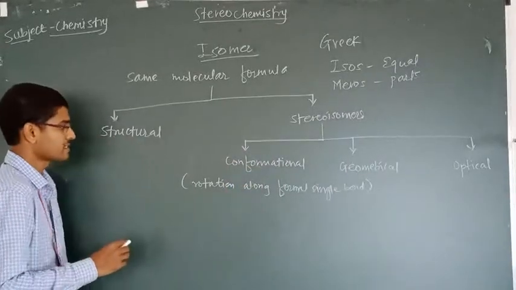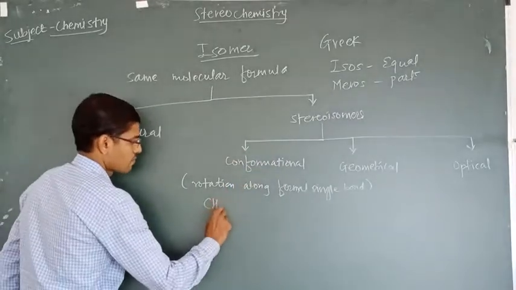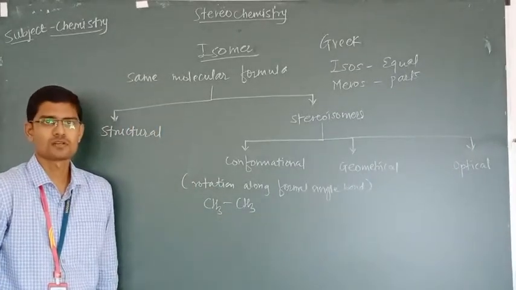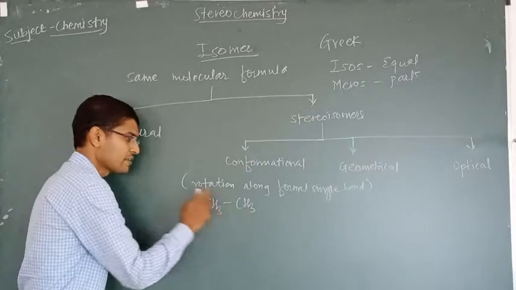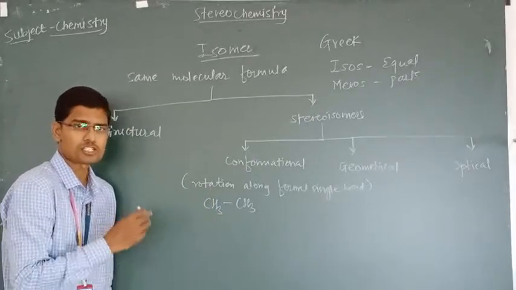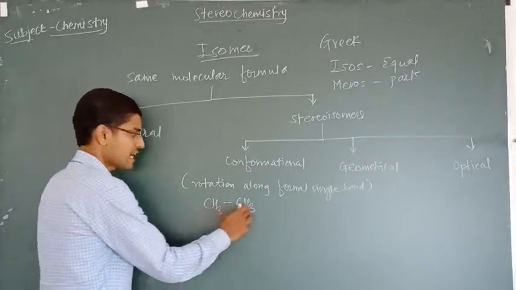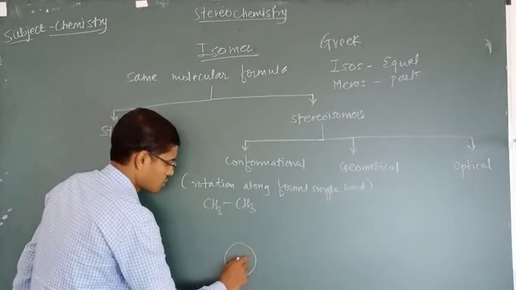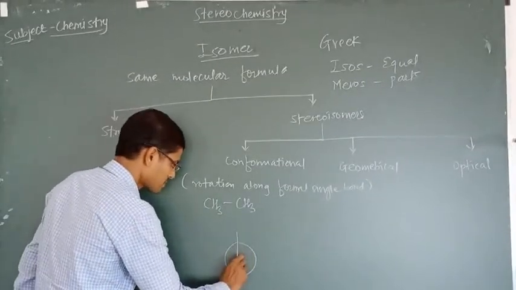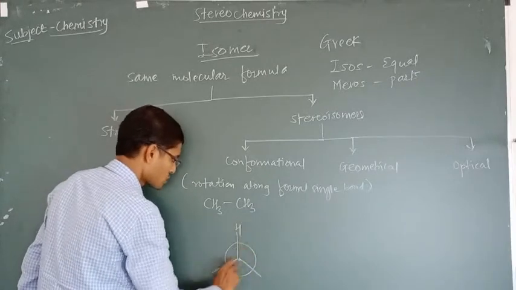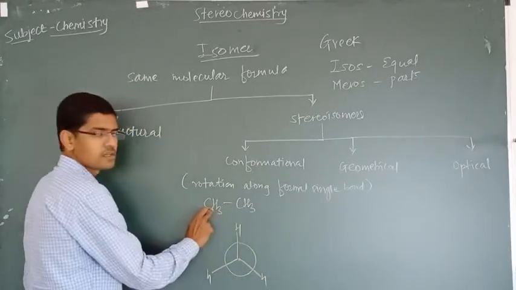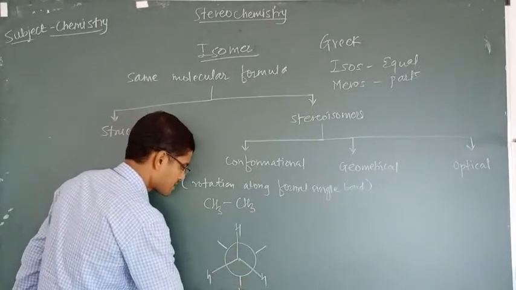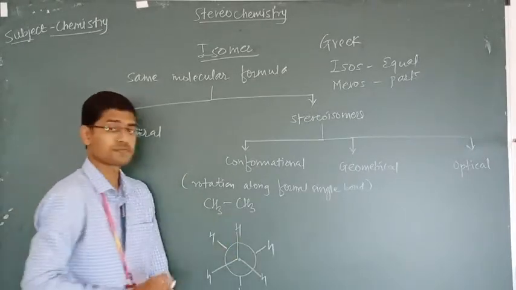Let's take the example of ethane. CH3, CH3. In the first lecture we have seen projection formulas. How can this ethane be represented in the Newman projection formula? Like this. This dot represents my frontal carbon and its 3 hydrogens, and this circle represents the rear carbon and its 3 hydrogens.